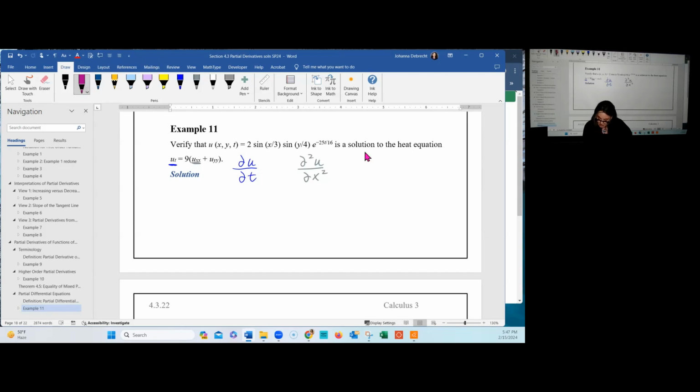And finally, we'll need to find the second partial of u with respect to y both times in order to replace this part. Then we'll add the two second partials together, multiply the result by 9, and check to see whether it's the first partial with respect to time. Go ahead and pause the video to work this one out, and then turn it back on, and we'll look at our results.